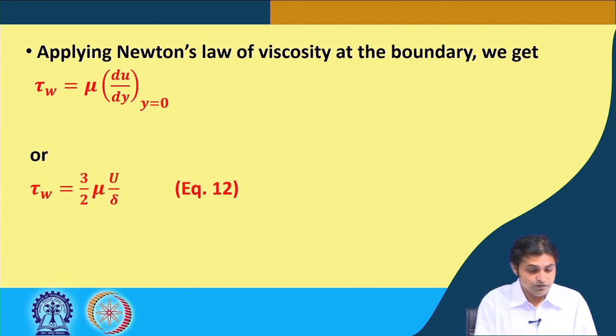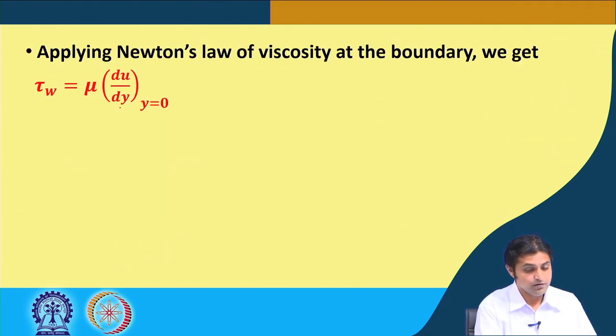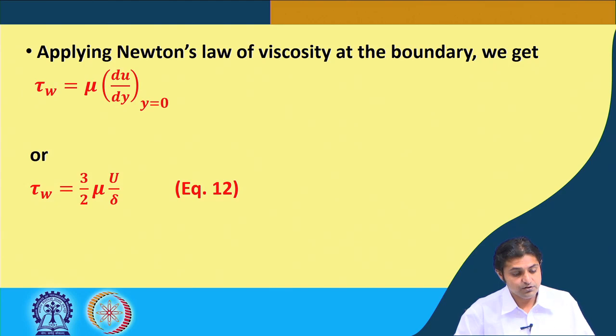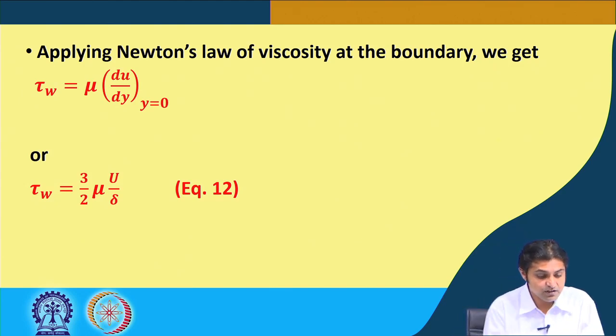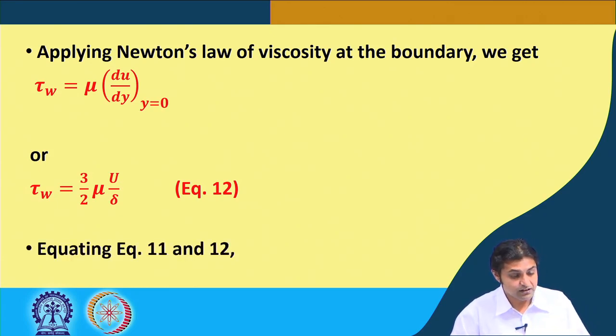Or if you see du by dy at y is equal to 0, it is going to give us 3 by 2 mu into U by delta, okay. So what do we do next?